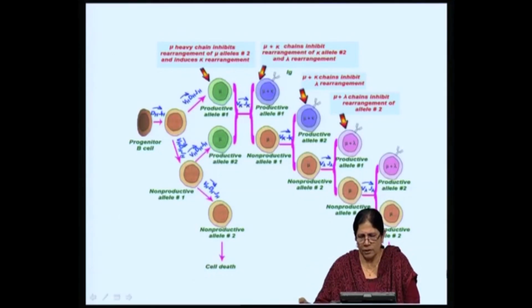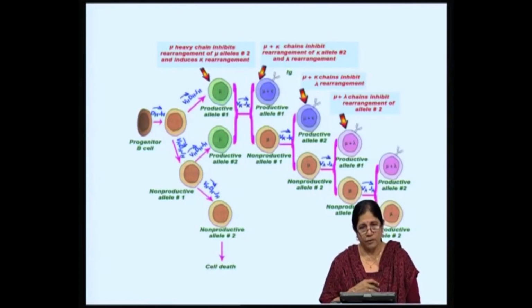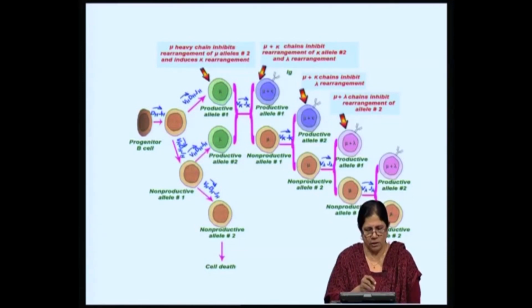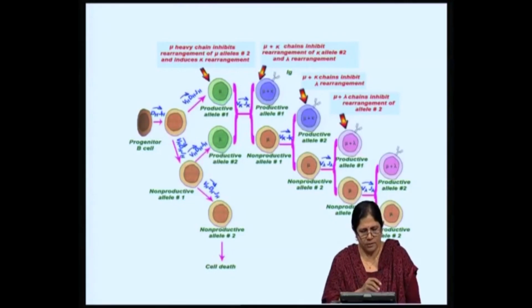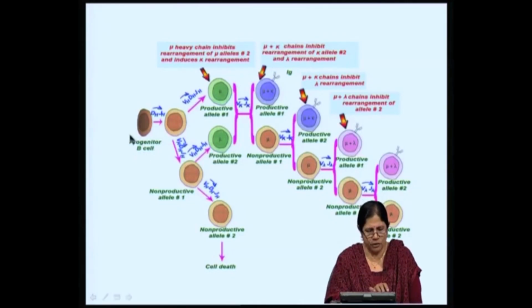Now, the regulation in total would also be at the level of the recombination event itself. Exactly how this happens is not very well known, but as I go along I will tell you where this recombination can be seen to be regulated, primarily at the progenitor B cell, which undergoes recombination at the heavy chain gene first.